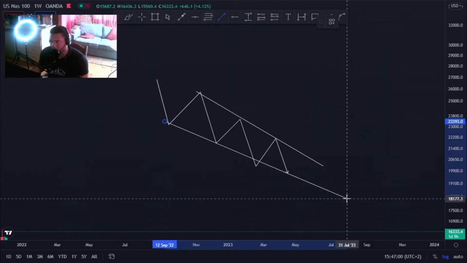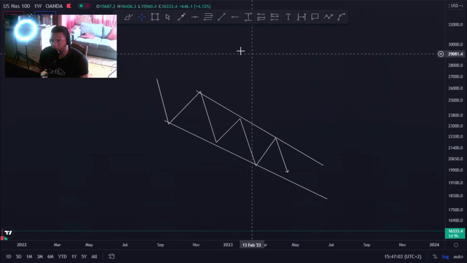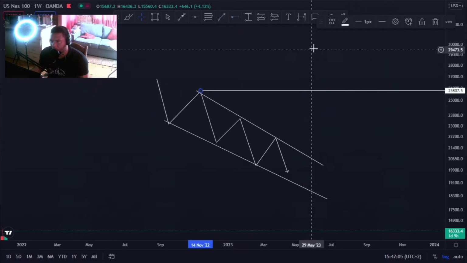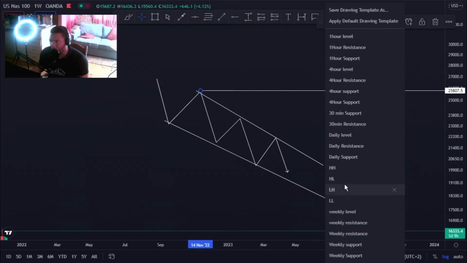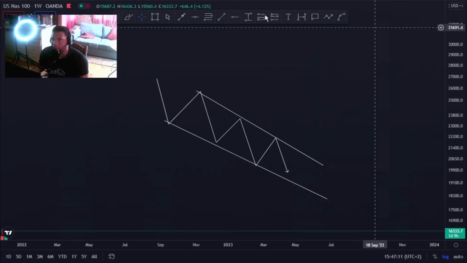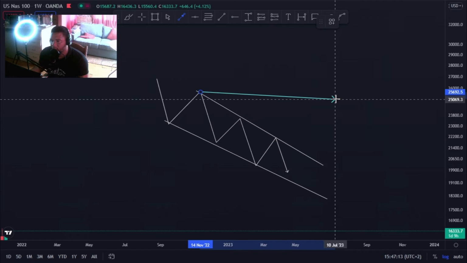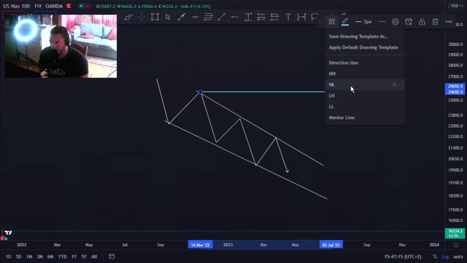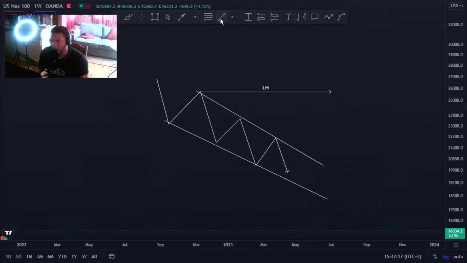So yeah, we can draw the trend line here again. We could say this is our lower high point in the market, lower high, right? Oh, I understand why this thing does that. This is our lower high, and this is our lower low in the market, right?